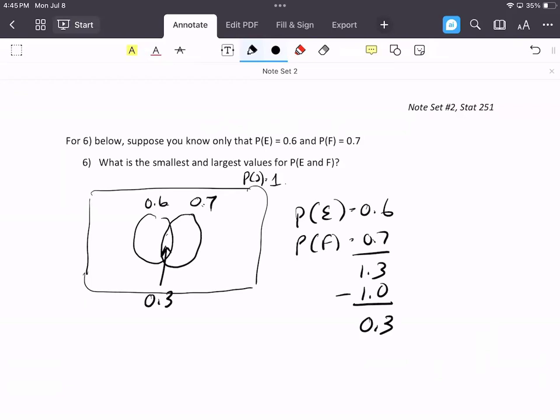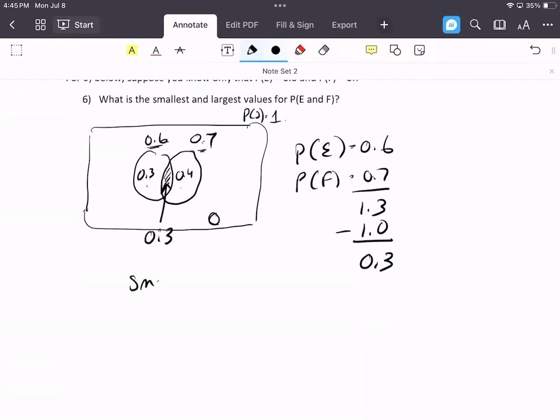This is where they meet the least, the smallest overlap. For it to still be valid, this would be 0.3, because 0.3 plus 0.3 is 0.6. 0.3 plus 0.4 is 0.7, and if I add these together, I get 1. So the probability into neither school is 0. So the smallest it can be for the probability of E and F is 0.3.